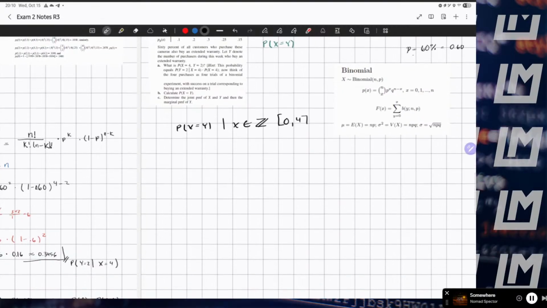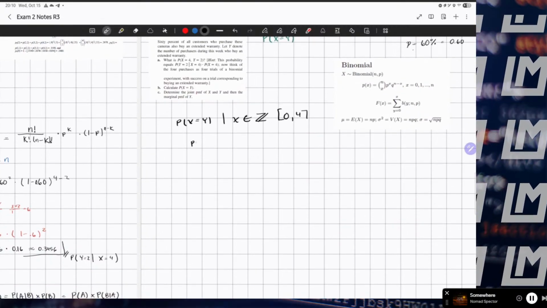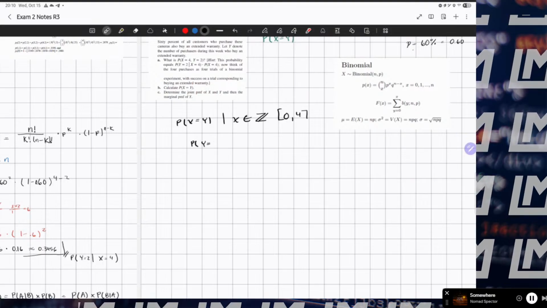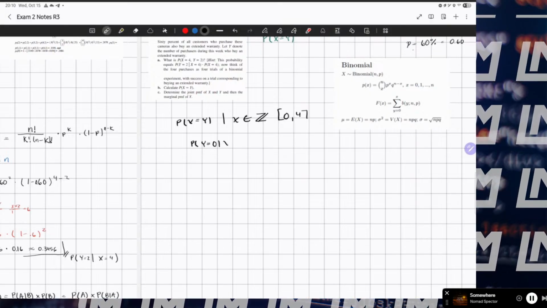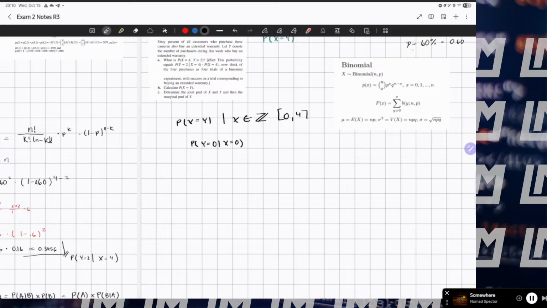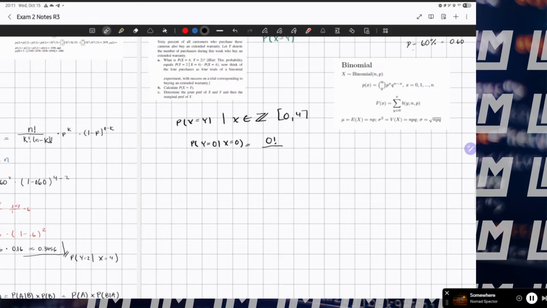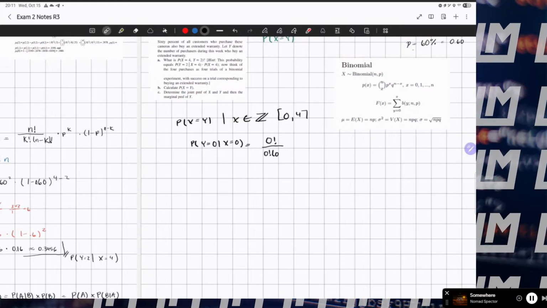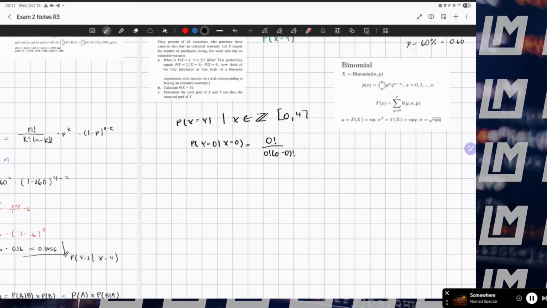So we'll start off with the first one. The first one is P of y equals 0 given x equals 0. And this is equal to 0 factorial over 0 factorial times 0 minus 0 factorial, right?